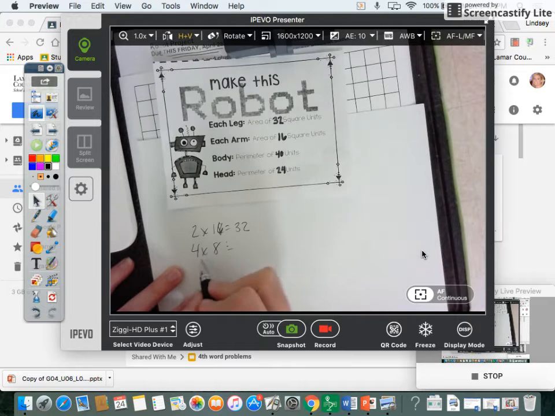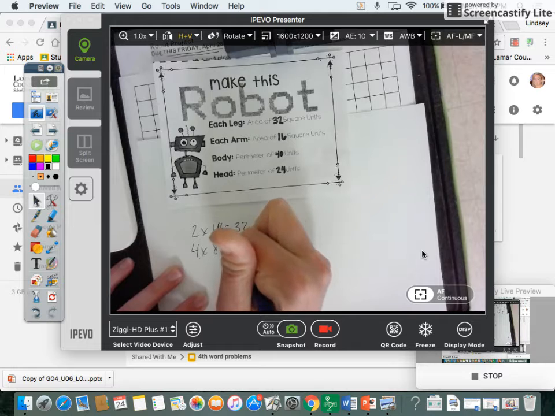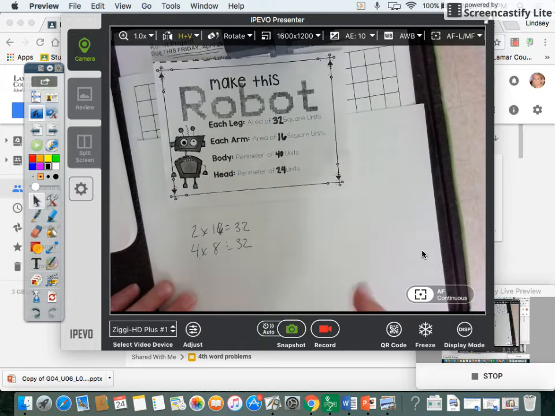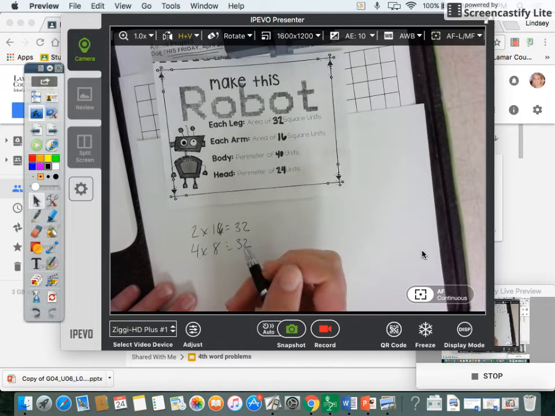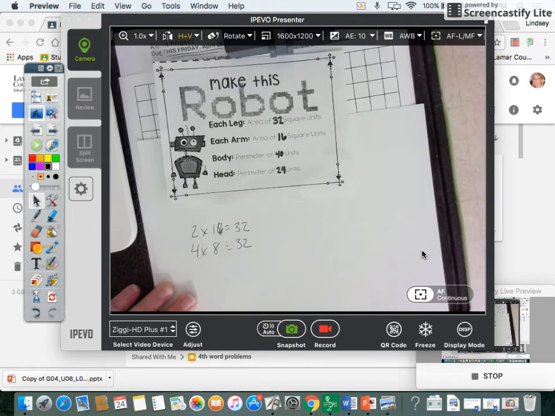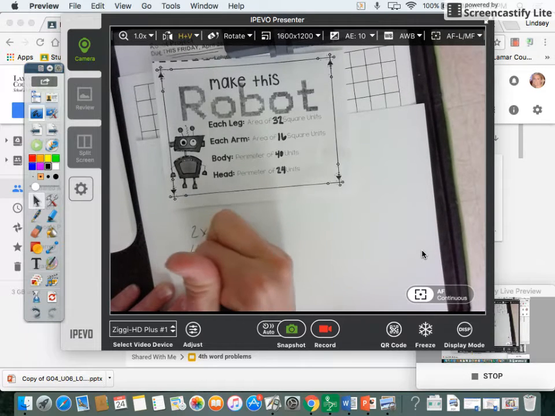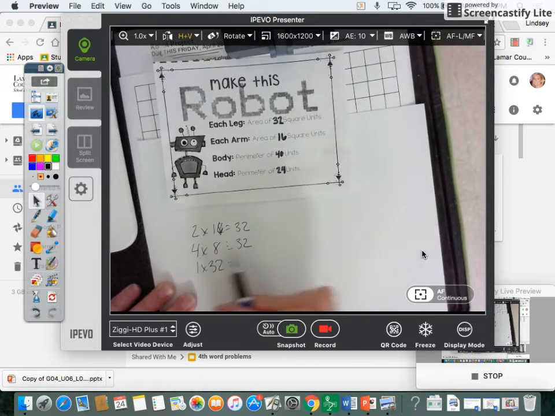Okay, 4 times 8 is 32. What's another one? Can you think of another one? David? 4. All right, 8 times 4. 1 times 32. Okay, so I could choose any of these numbers here to use as my robot's legs.